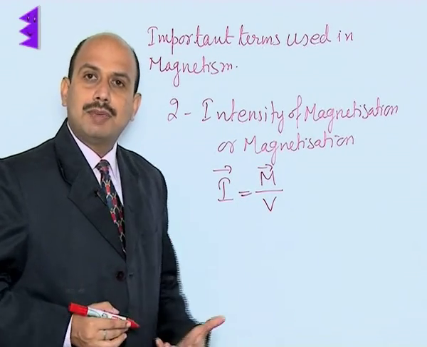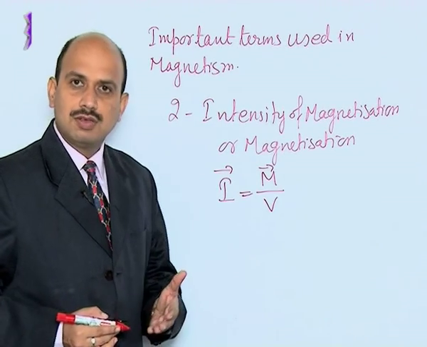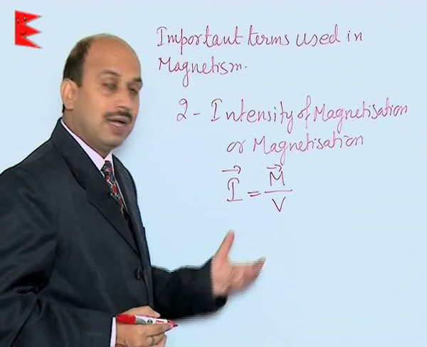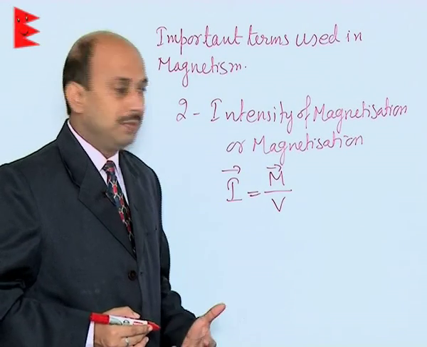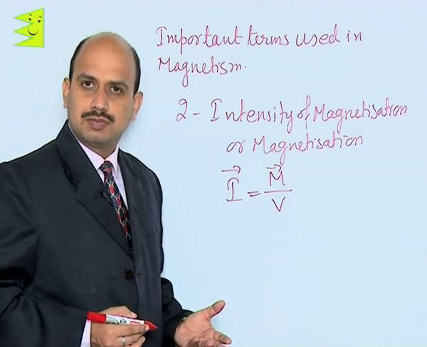When a material is magnetized by using the magnetizing intensity H, it gets magnetized, and the new magnetic dipole moment per unit volume is referred to as intensity of magnetization or just magnetization.